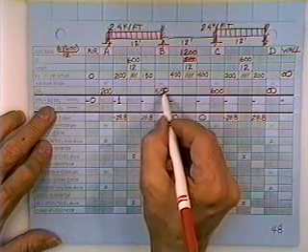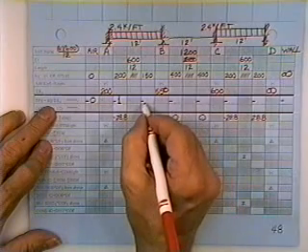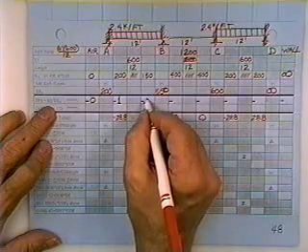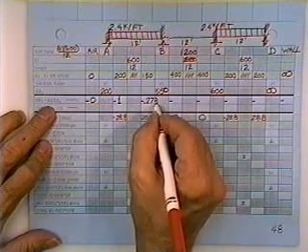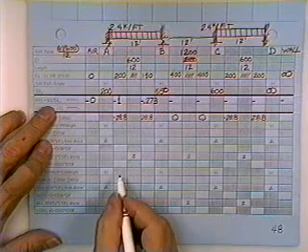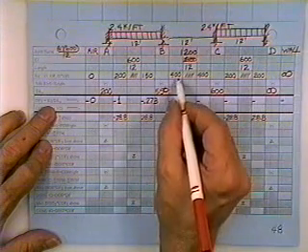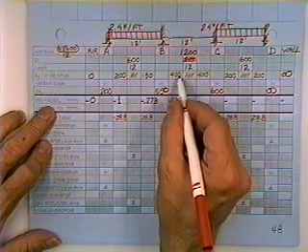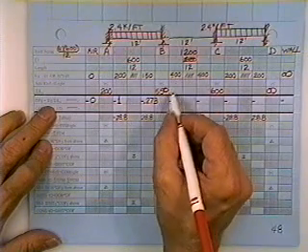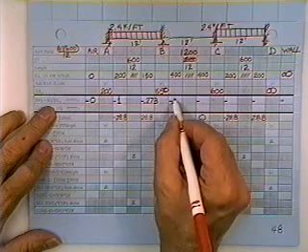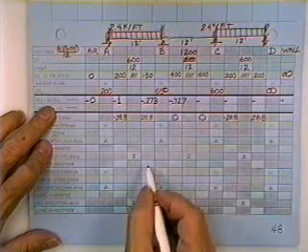The next stiffness is 150 over 550. That comes out minus 0.273. The next stiffness is 400 over 550. Comes out minus 0.727.